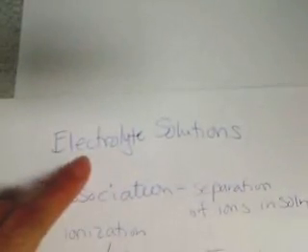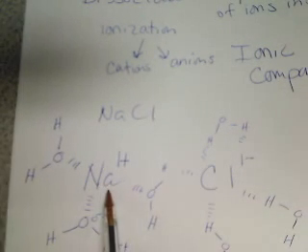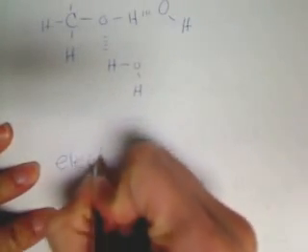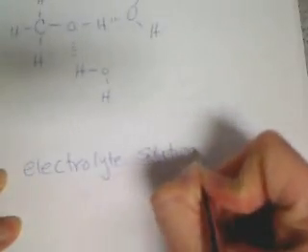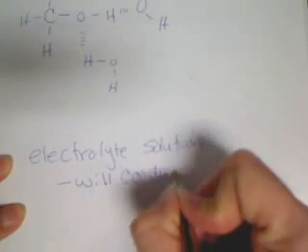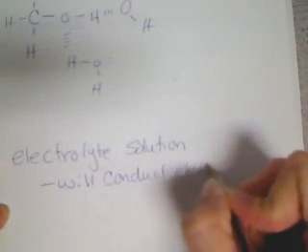So in this one we said we were talking about electrolyte solutions. In order for something to conduct electricity, there must be ions in the solution. Your ionic compounds are going to be the only things that conduct electricity in a solution. Okay, so an electrolyte solution will conduct electricity.